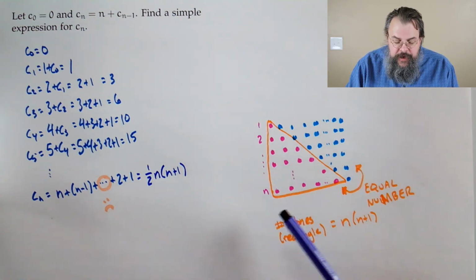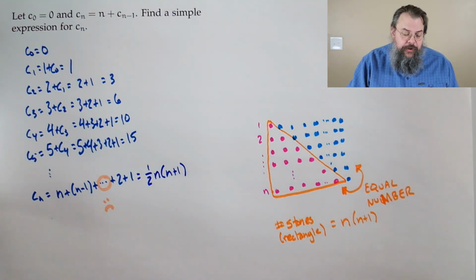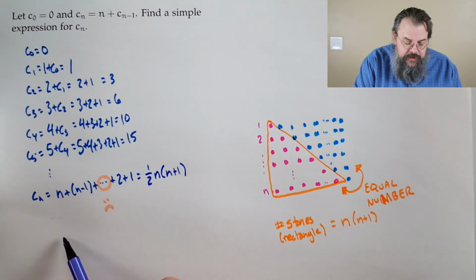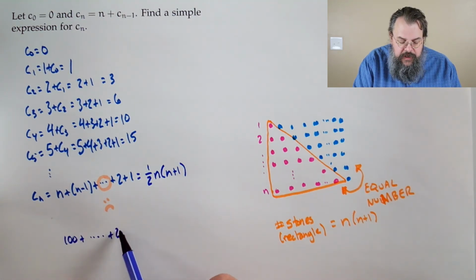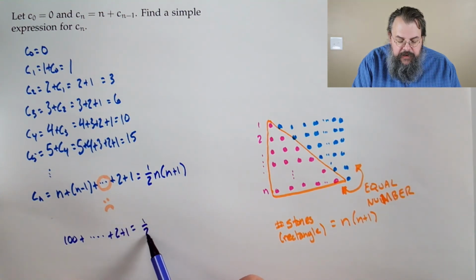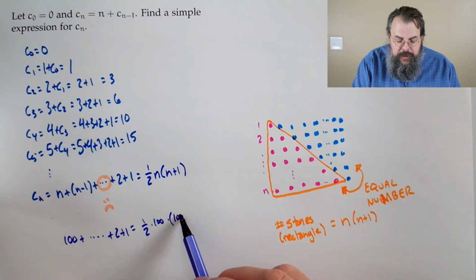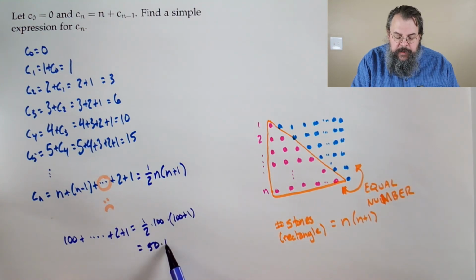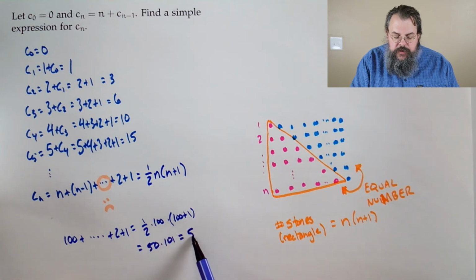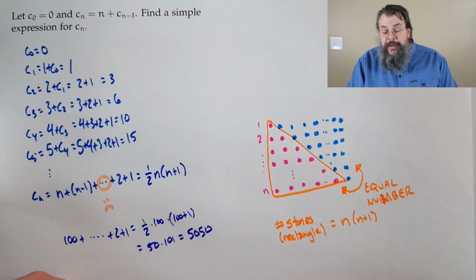Then he came up with a similar argument to this and did it in his head and said, if I want to add up the numbers from 1 to 100, it turns out that's the same as a half times 100 times 100 plus 1. Well, that's really 50 times 101, which is really 5,050.